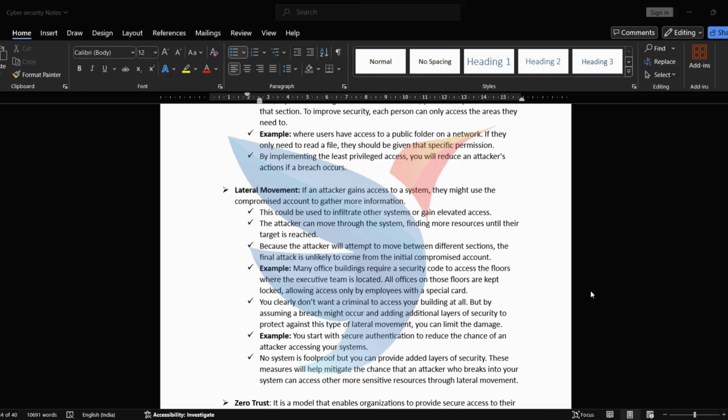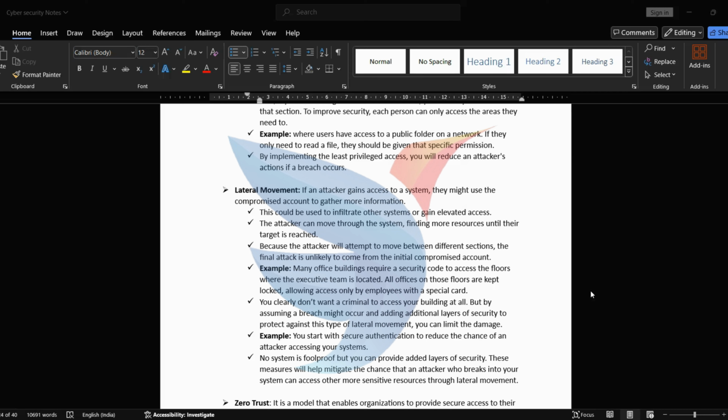For example, many office buildings require a security code to access the floors where the executive team is located. All offices on those floors are kept locked, allowing access only by employees with a special card.